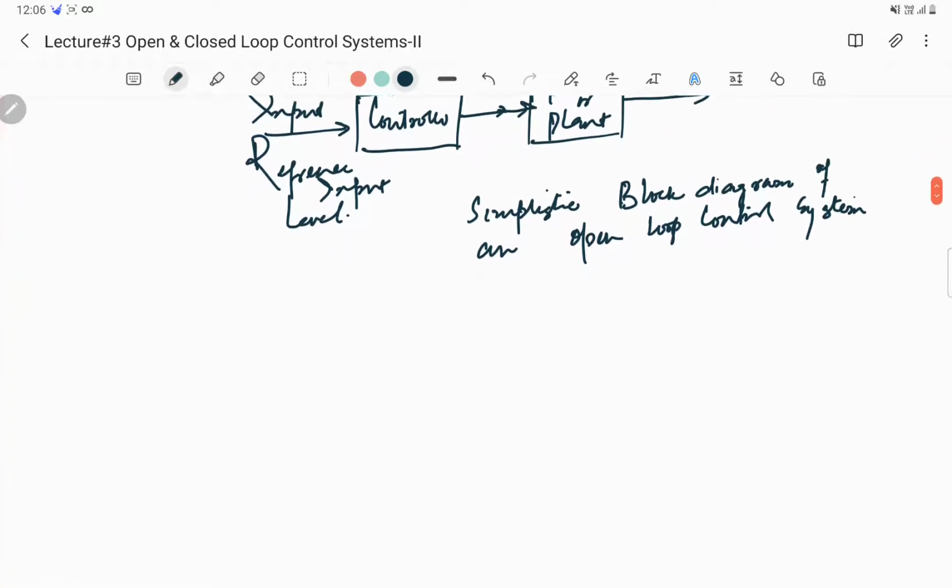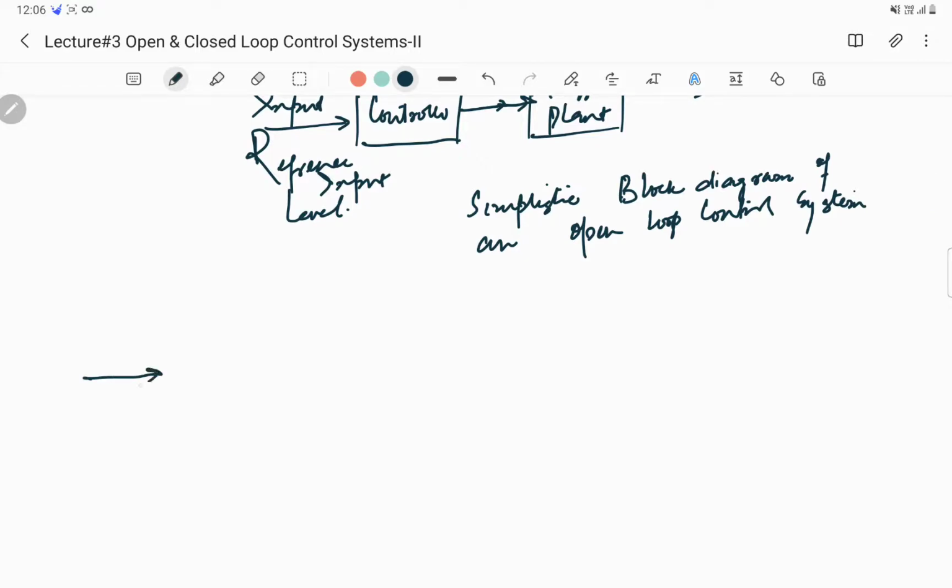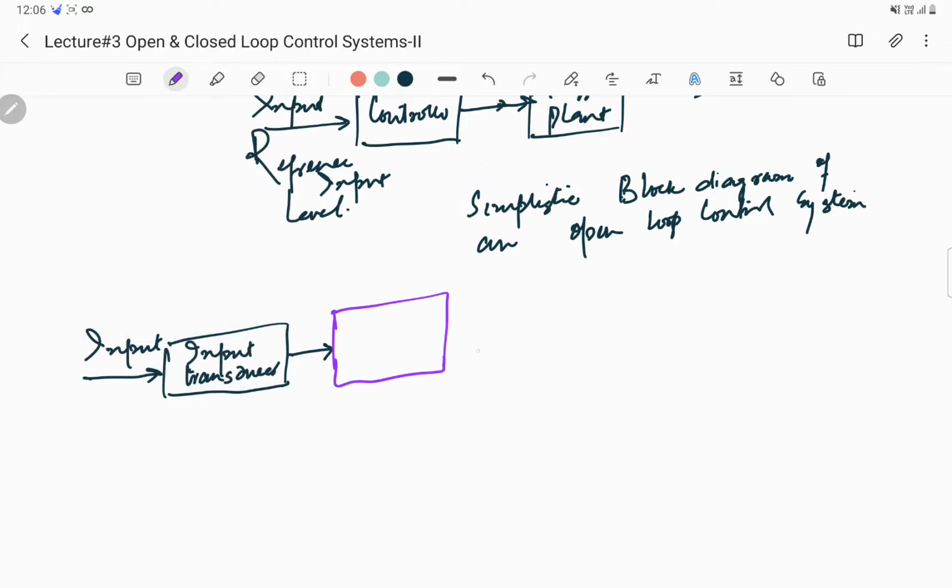Now we'll draw the general block diagram of a control system, which would look like we have an input, then an input transducer, then a controller, then a summing junction, then we'll be having a process or plant.